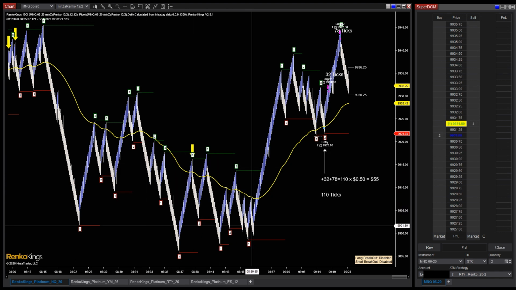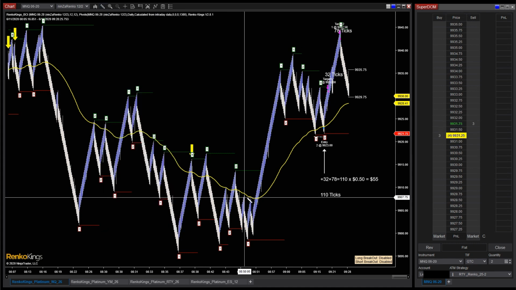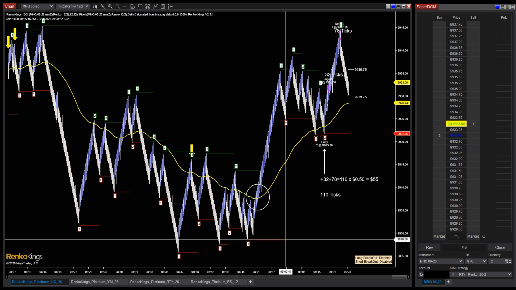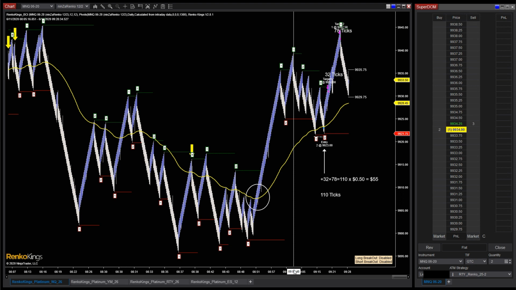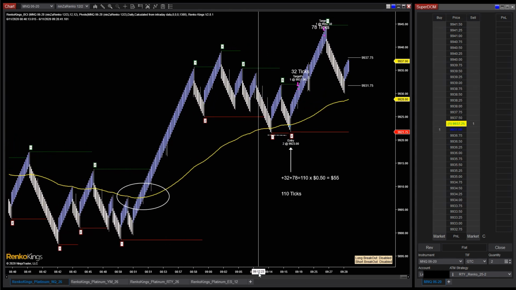And then what did we have? What happened here? We had a transition, right? Okay. So once we had this transition, we got above the trend line, okay?